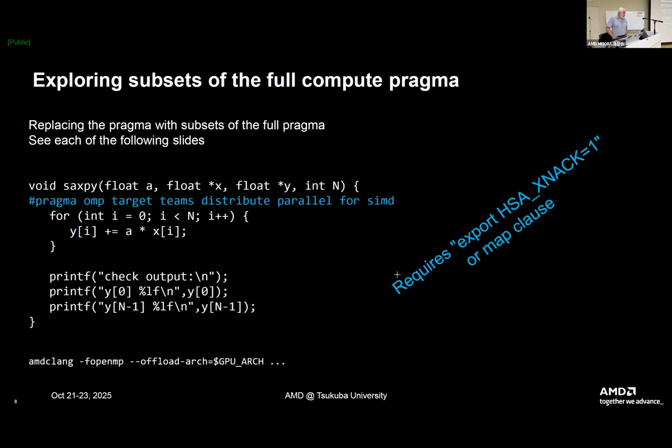So here we have a very simple SAXPY program, single precision A times X plus Y equals Y. We're going to put that full directive on it, but let's see what happens when we do subsets on here and what happens in reality.